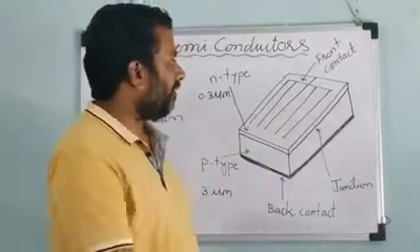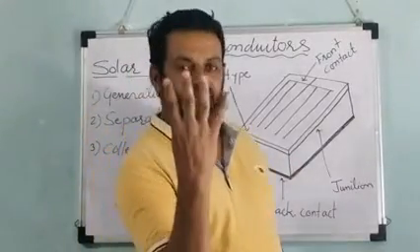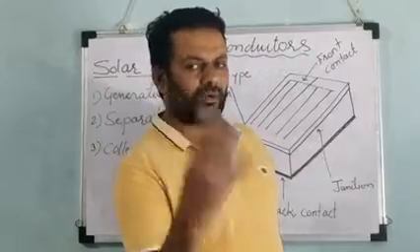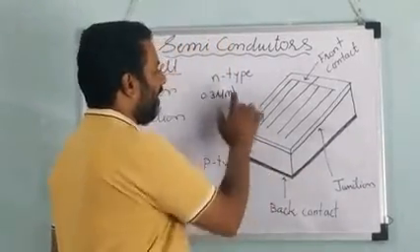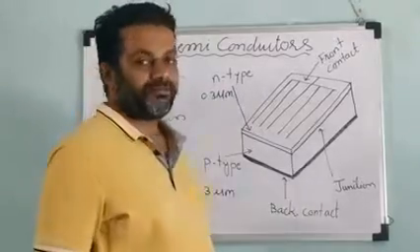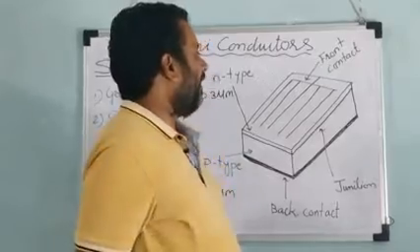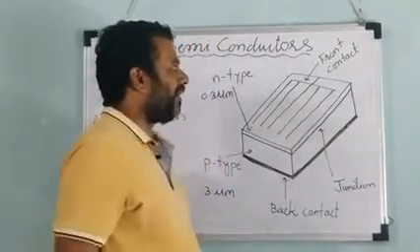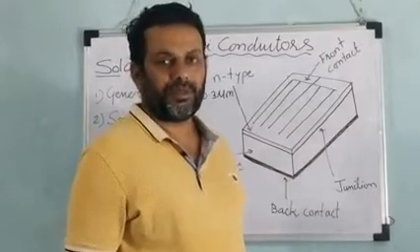Sometimes it is also called the finger electrode because it has a shape like our fingers. The function of the finger electrode is that whatever electrons come in the N type will be collected by the front contact. It is spread over a large area so that it can collect the electrons from all over the N type semiconductor on the top of the solar cell.